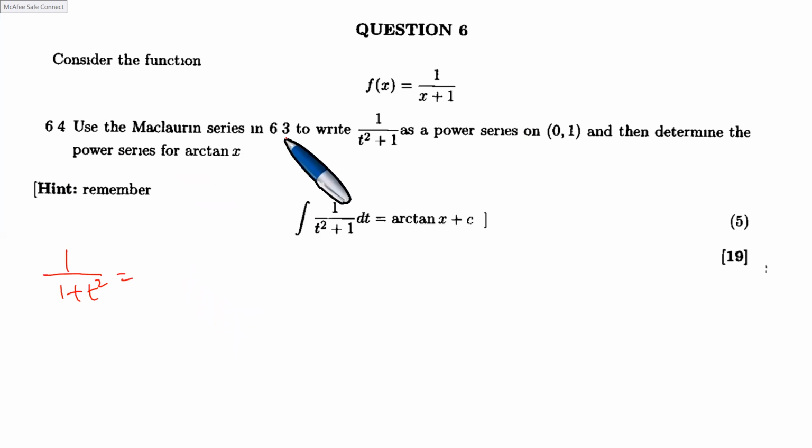Use the Maclaurin series in 6.3 to write this one as a power series on the 0, 1 interval, and determine the power series for arctan. Right, there are a couple of things we need to remember here, and you can just remember that the integral of 1 over t squared plus 1 is arctan.